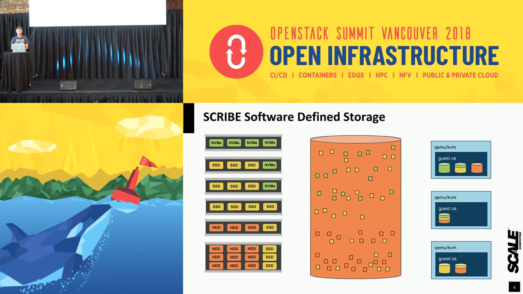So whether those synthesized virtual block devices are all on NVMe or all on SATA or SAS SSD or on spinning disk, it doesn't matter. Scribe is intelligent enough to figure out where those blocks belong based on patterns of access, et cetera. So by pooling all these devices together, we're able to implement in software the tiering, data protection, and efficiency that you don't have to then worry about inside the guest VM.